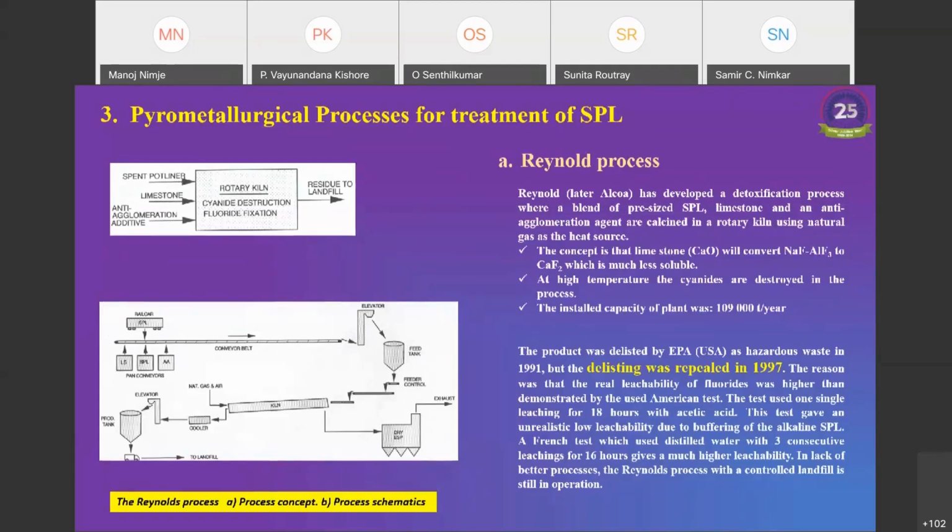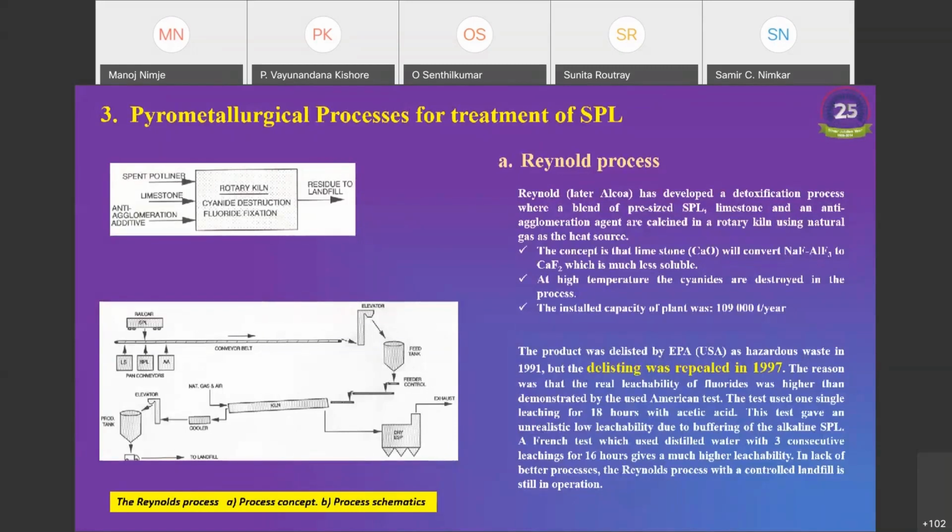Another method for disposal of SPL is the pyrometallurgical process for treatment of SPL, for example, the Reynolds process. Reynolds, later called Alcoa, developed a detoxification process where a blend of pre-sized SPL, limestone, and an anti-agglomerating agent is calcined in a rotary kiln at about 1000 degrees centigrade using natural gas as a heat source.